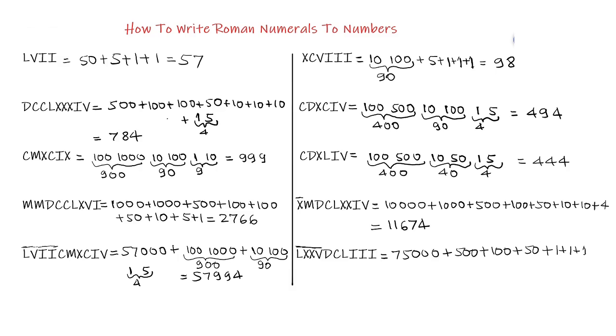So all this is 75,000 plus 500 is 75,500 plus 100 is 75,600, then 50, 51, 52, 53. So this comes out to be 75,653. So this way we can convert the Roman numerals into numbers.